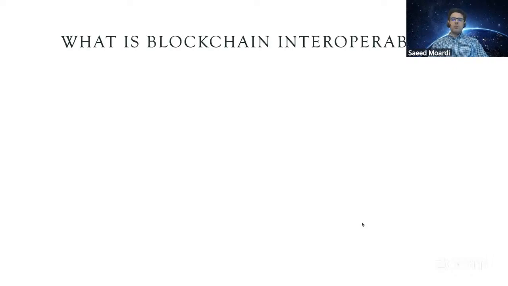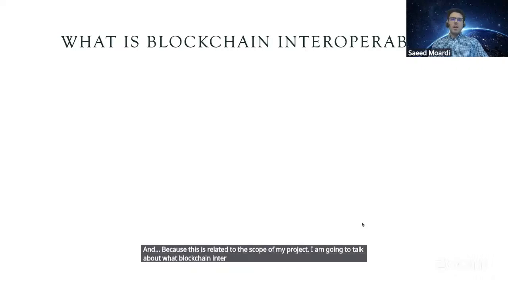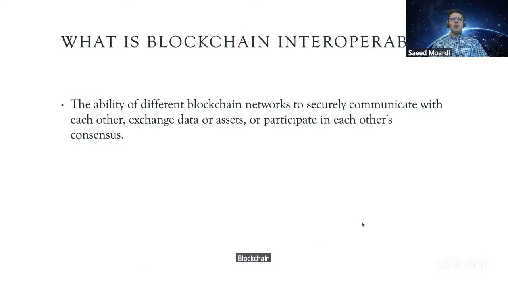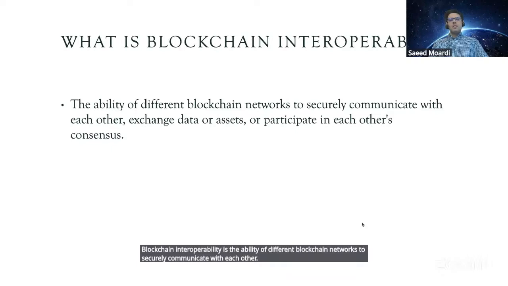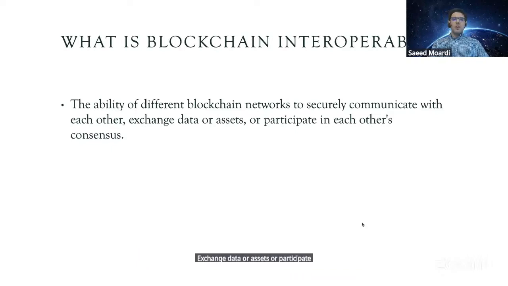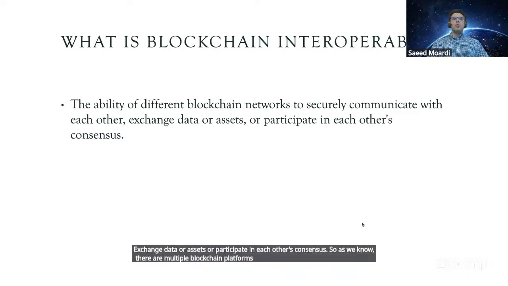Because this is related to the scope of my project, I am going to talk about what blockchain interoperability is. Blockchain interoperability is the ability of different blockchain networks to securely communicate with each other, exchange data or assets, or participate in each other's consensus. As we know, there are multiple blockchain platforms used for different use cases and applications, and these blockchains are usually isolated from other platforms, so they cannot communicate with them.